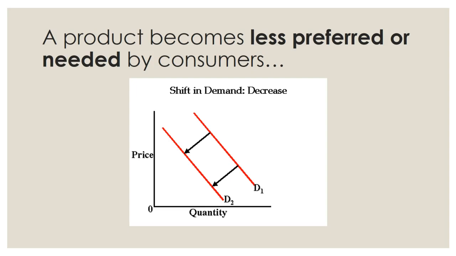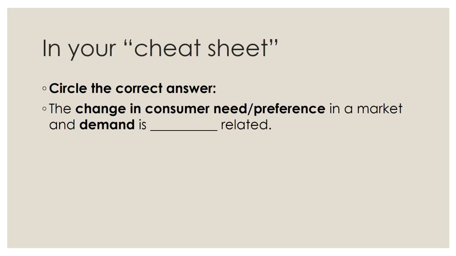But it could also be weather that changes people's desire or preference for something. Today, while I'm recording this, it's raining, which means all of a sudden the demand for umbrellas would be going up. All of a sudden people prefer to have umbrellas because they need them. And so it can be something as simple as the weather that changes a preference one way or the other.